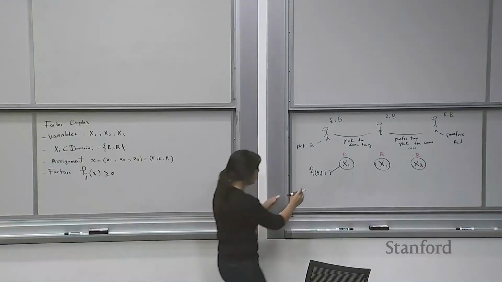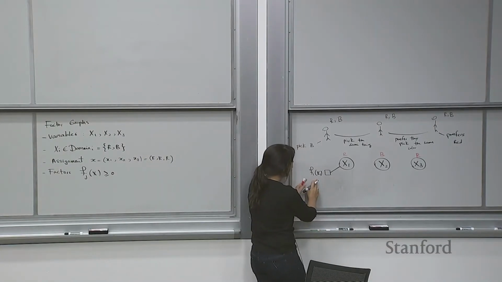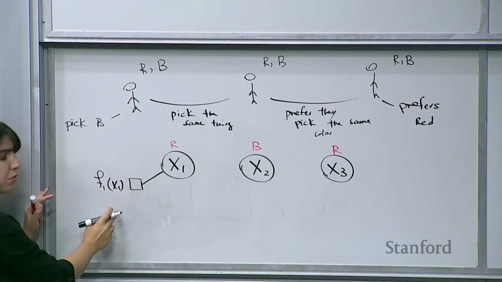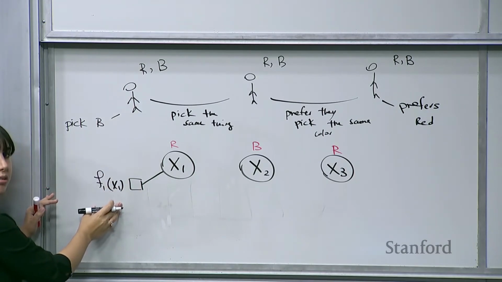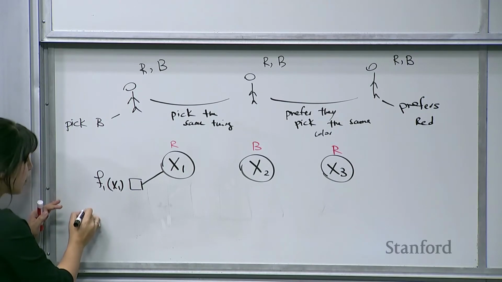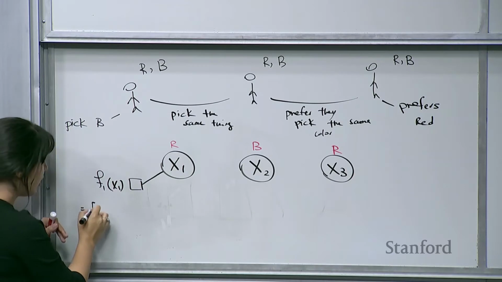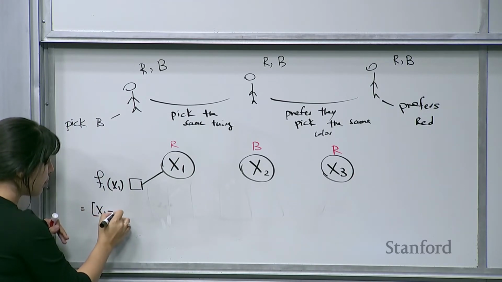So here I would have f1 of x1. If I really want this guy to pick blue, then what would be a good factor to put here? What should I say for f1 of x1? I can write it as an indicator function, making sure that x1 definitely takes blue.